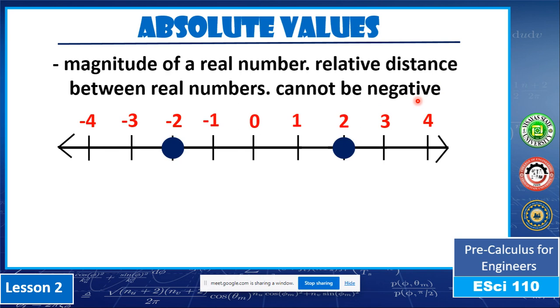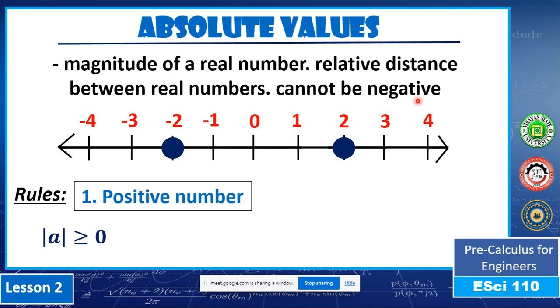So we have rule number 1. For a positive number, the absolute value of a positive number is obviously still positive. Therefore, it conforms with our inequality symbol, which is greater than or equal to 0, because the absolute value of 0 is 0. So it is not strict, it is non-strict, because 0 is included. Let's have an example.